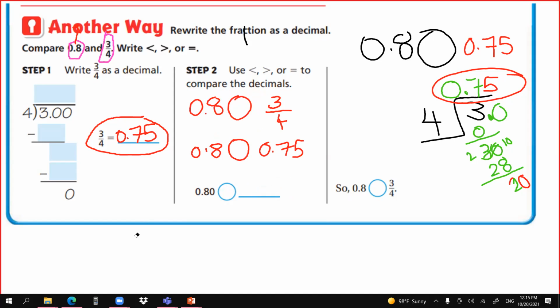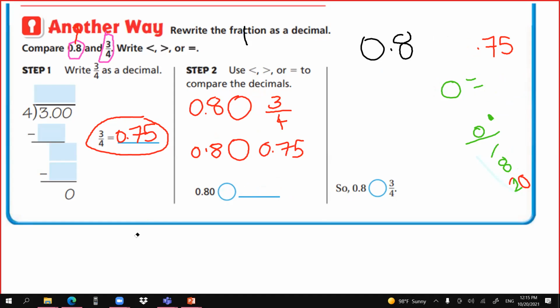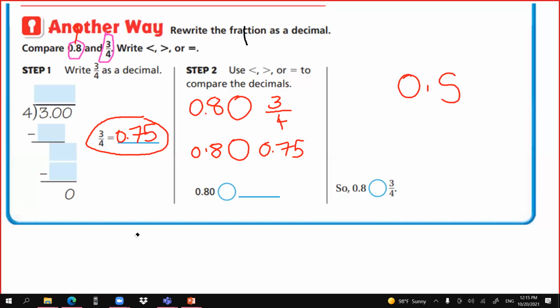In order to compare between them, what do you have to do? First, you have to align them under each other. Here we have 3 digits, here we have 2, so I will add 0. This 0 doesn't make any change. It just helps me to compare between them.